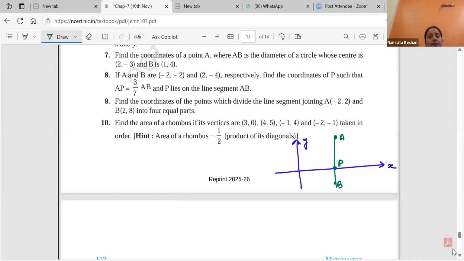Are you getting it? If I say there is a line segment joining A and B divided by the x-axis, that means you have to understand the point P this time is sitting on the x-axis. Yes or no? Making sense?